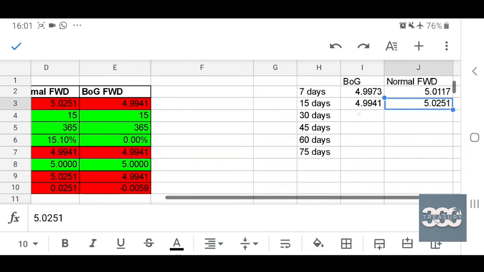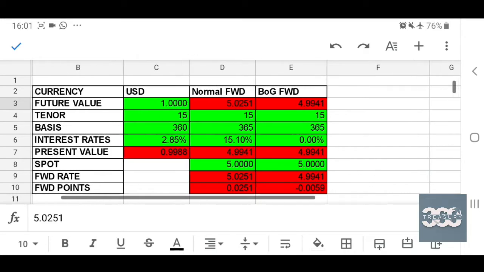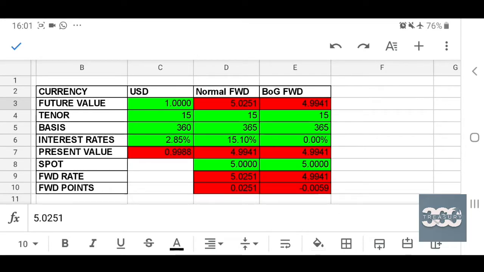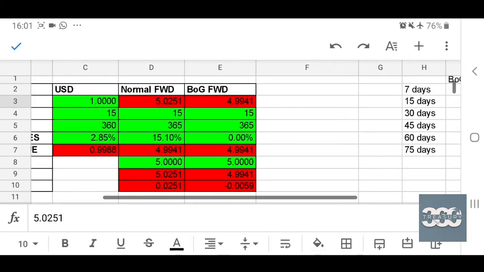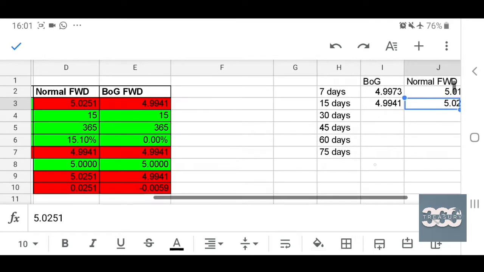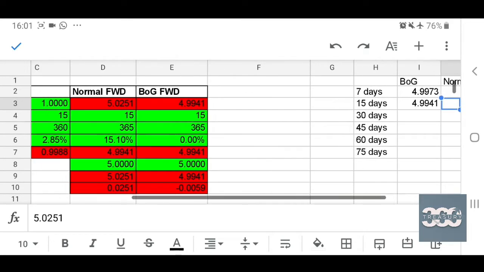Okay, and so on. So this we would move to 30 and then move to 45, 60 and 75 to get our base prices for the BoG forward.